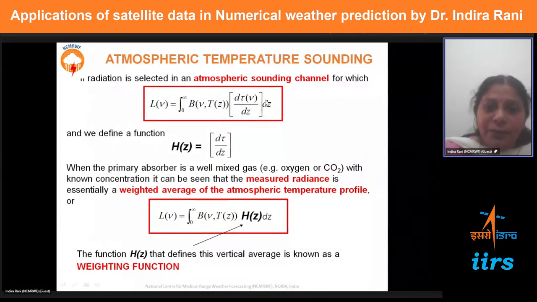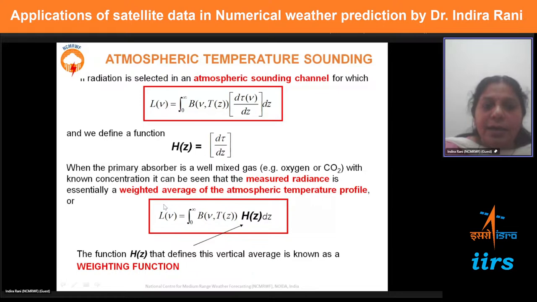Here we define a function h of z, that is the absorption term, dT by dz, with respect to height: how the absorption is changing. When the primary absorber is a well mixed gas with known concentration, it can be seen that the measured radiance is essentially a weighted average of the atmospheric temperature profile.